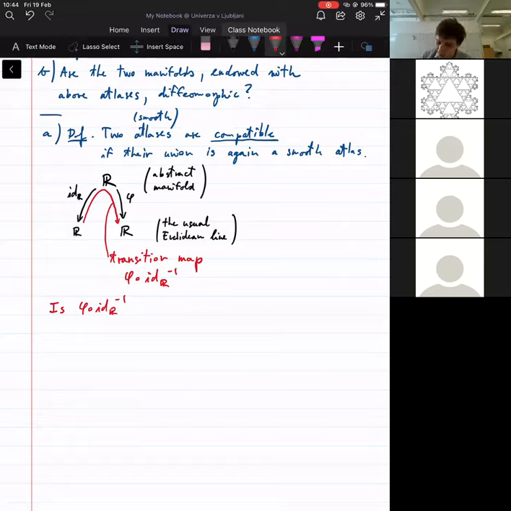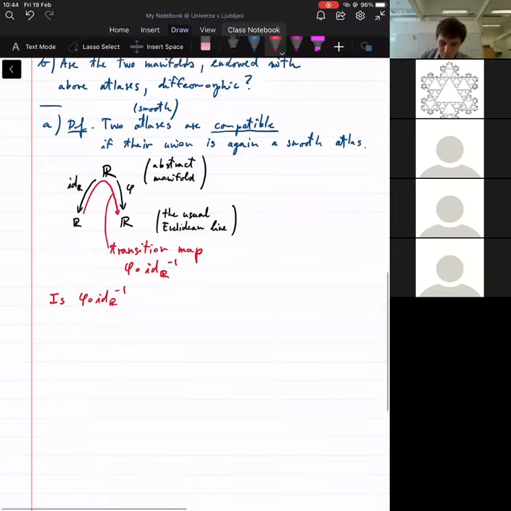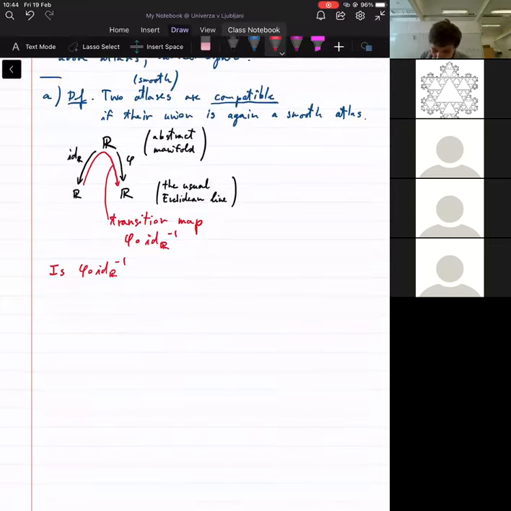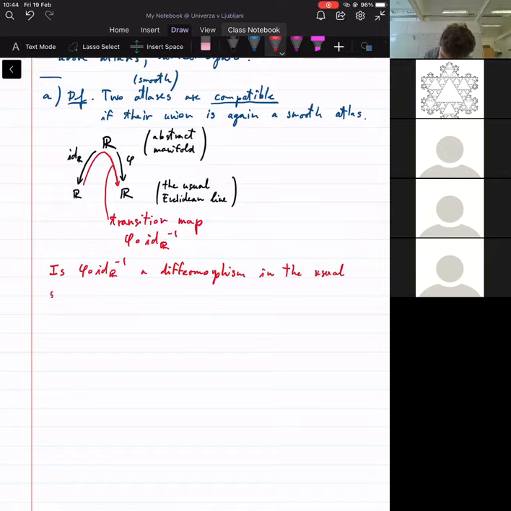So this is really silly, but I'm nevertheless going to write it. So is this map a diffeomorphism in the usual sense, i.e., is it a smooth map with a smooth inverse?